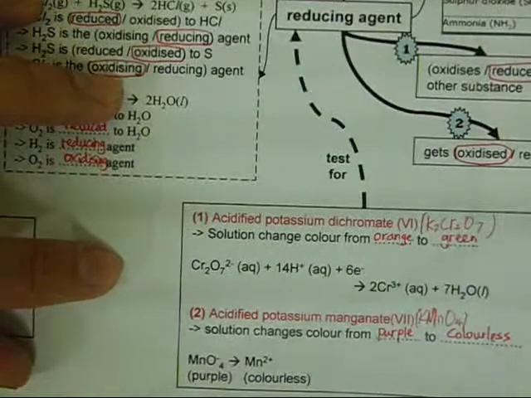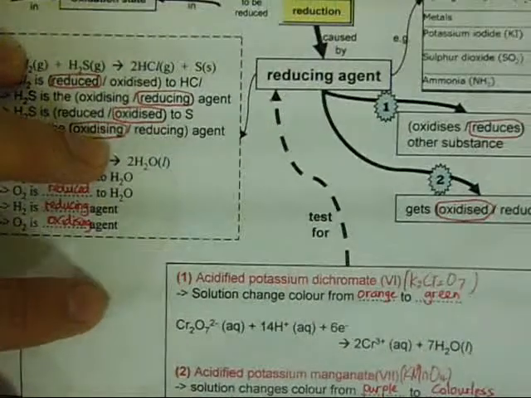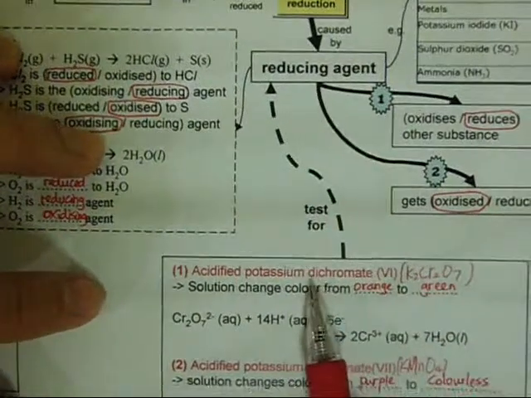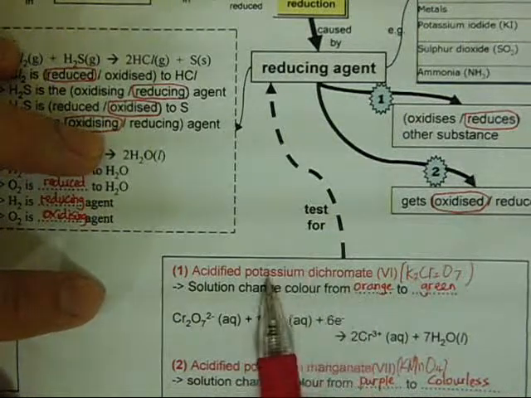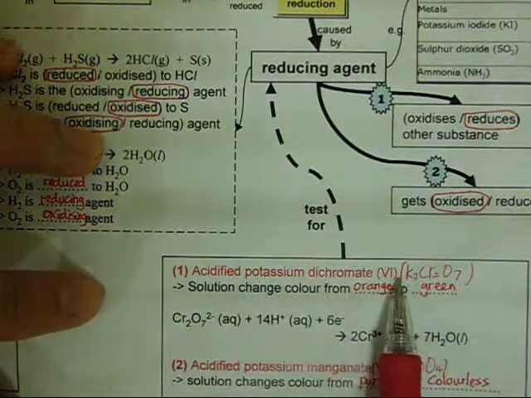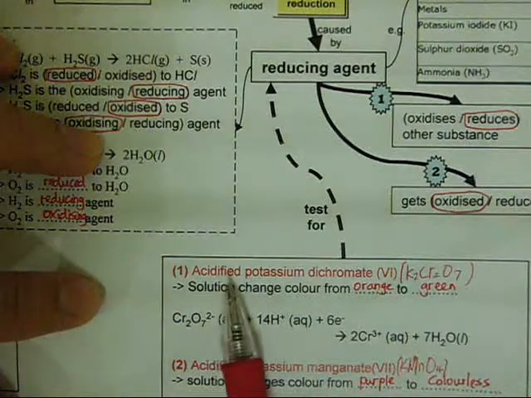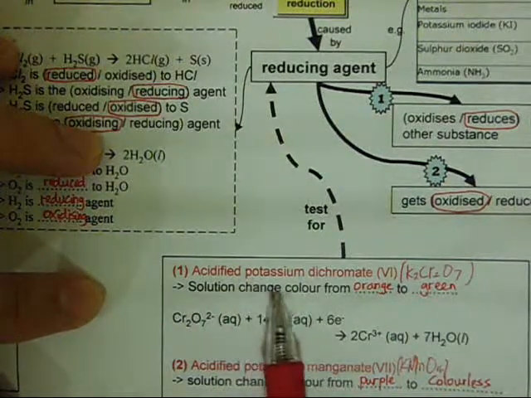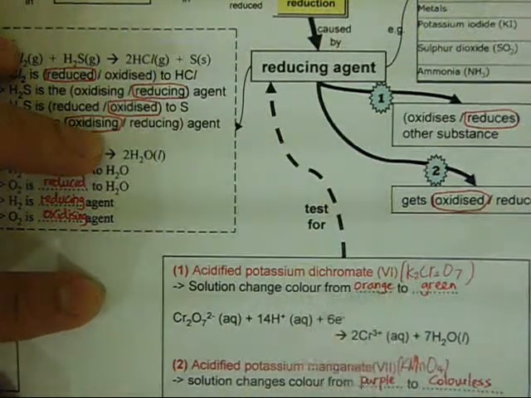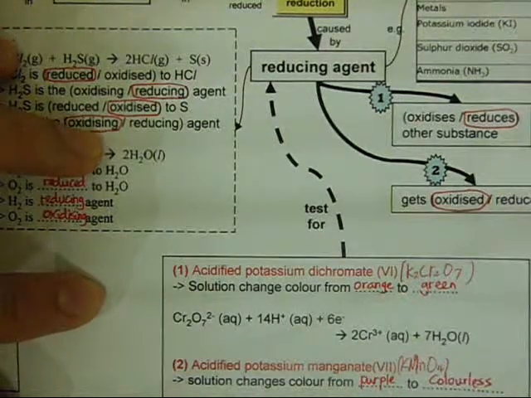Okay, you use a reducing agent to test for an oxidizing agent, you use the oxidizing agent to test for a reducing agent. Now let's go back to testing for reducing agent. You use acidified potassium dichromate 6. It is not just potassium dichromate 6, it is acidified. Acidified means you get your potassium dichromate 6 and then you add a certain amount of acid to it.